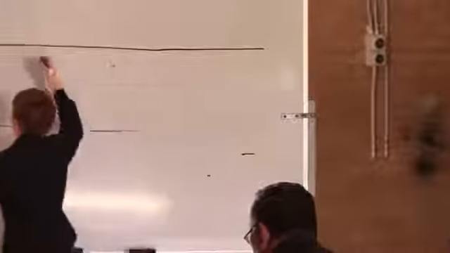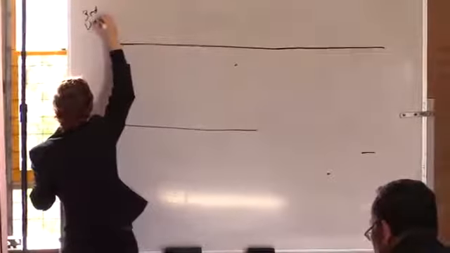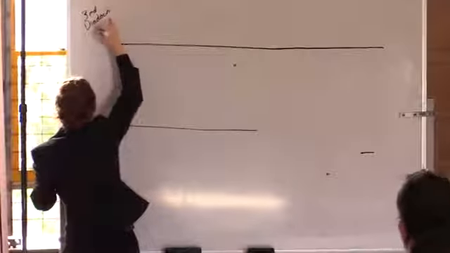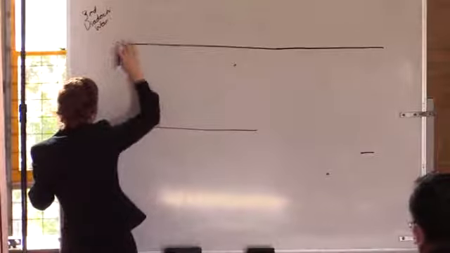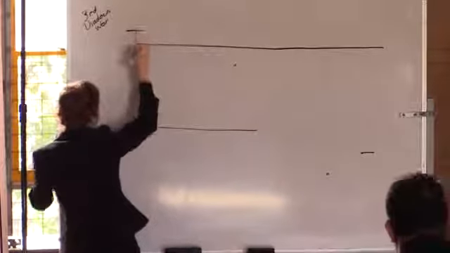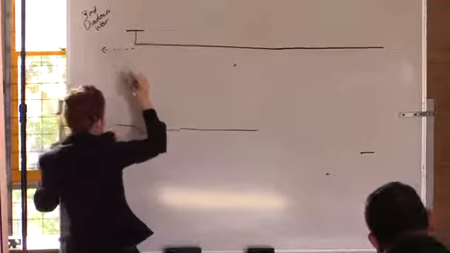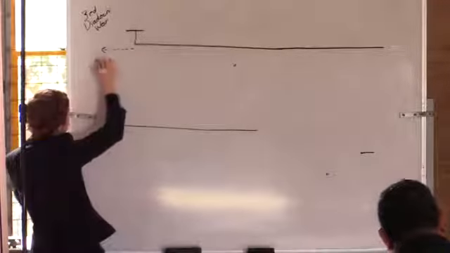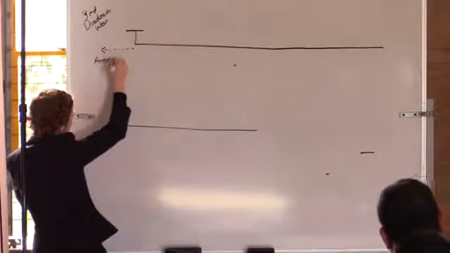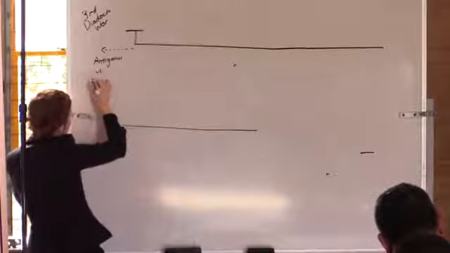So this is the history of the Third Diadochi War. There's been this ongoing war between Antigonus versus Eumenes.